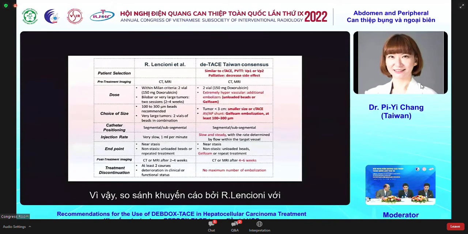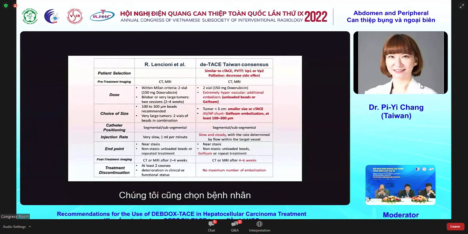So let's compare the recommendation by Lencioni versus the Taiwan consensus. You can see that for the patient selection, it is quite similar to CTACE, and we can also extend the patient selection in portal vein tumor thrombosis. Perhaps VP1 or VP2, the branch type tumor invasion.